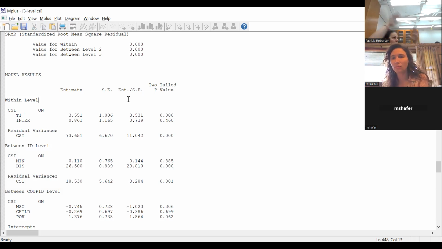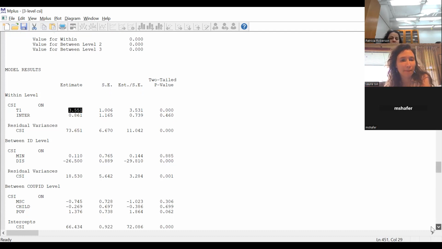Then we look at one of those tables to see if it's statistically significant. It's the estimate divided by the standard error, not the standard deviation, but the standard error. So you look at your p-value and your estimate here, and this is your raw unstandardized estimate.